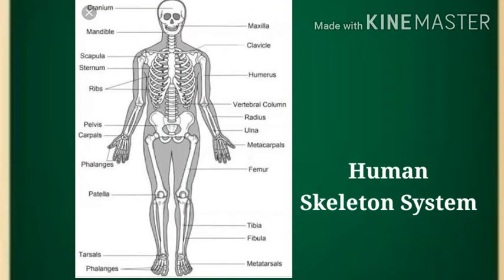Skeletal system. You can understand the term has come from skeleton. What is skeleton? Our body is made up of a bony structure that is called skeleton. Now, skeleton is very important to us. For example, if we do not have skeleton, how the shape of the body will be?